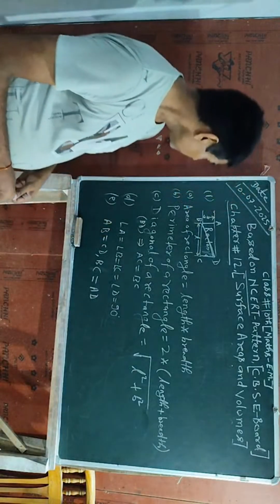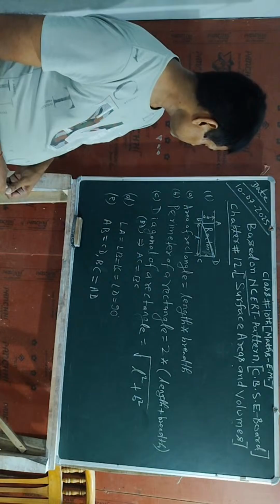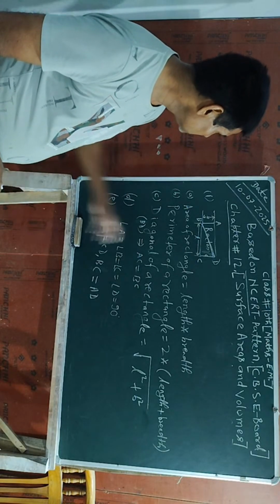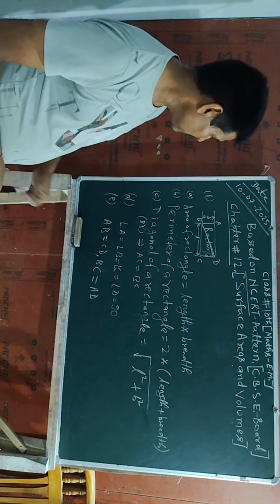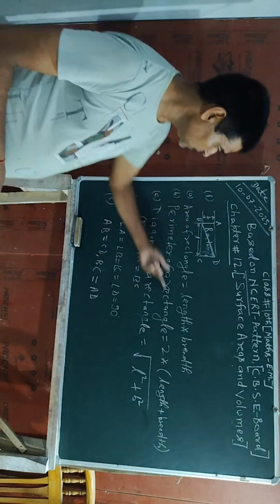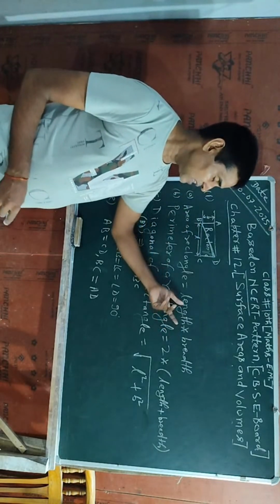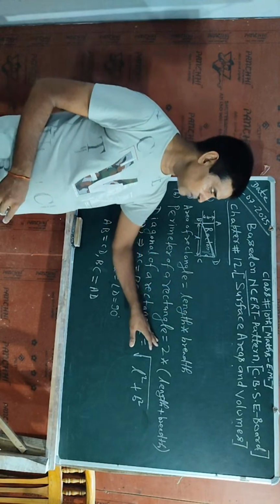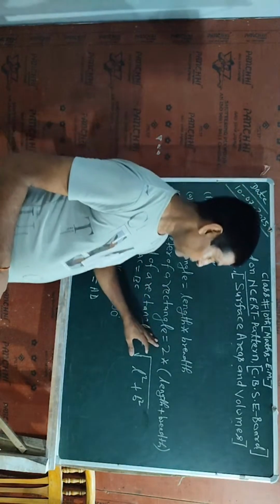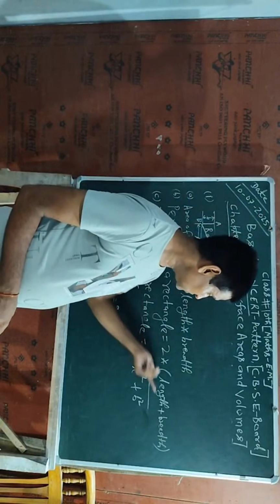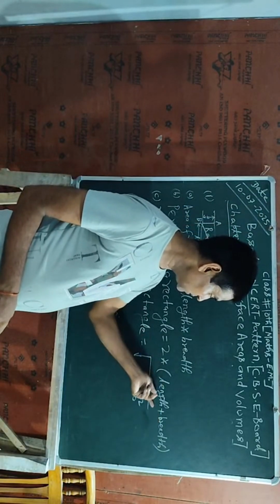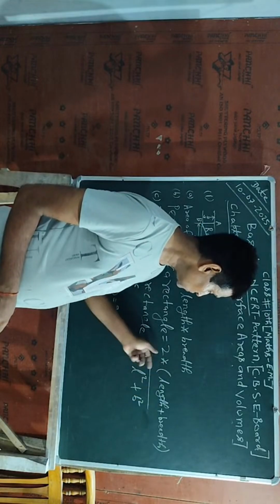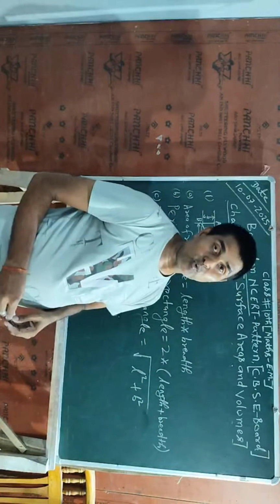Okay, now other information of the square I can summarize, because all sides will be equal, so length into length will be the same. So area is side square. Perimeter of the square I will say: this will be length and this will be length, so length plus length, 2 length into 2, so 4 length, I will say 4 side.